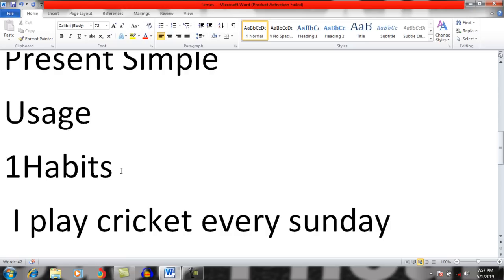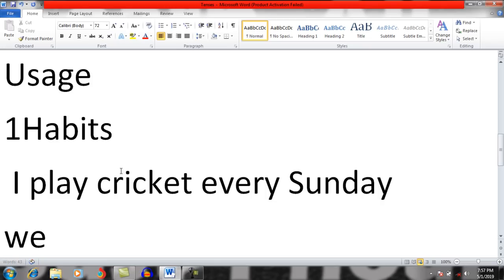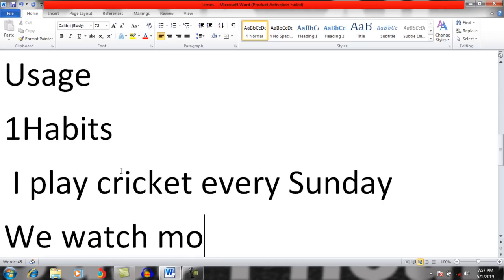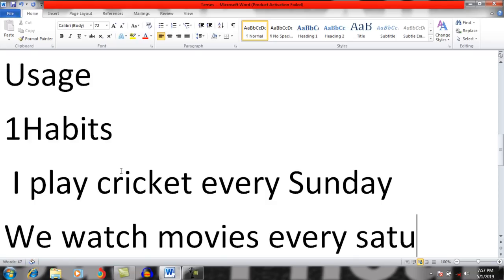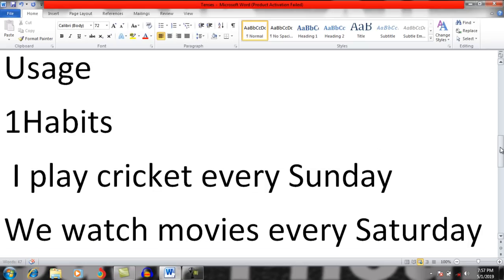This is my habit and I repeat this habit every Sunday. I play cricket every Sunday. For example, we watch movies every Saturday. So the first use of present simple is habit.